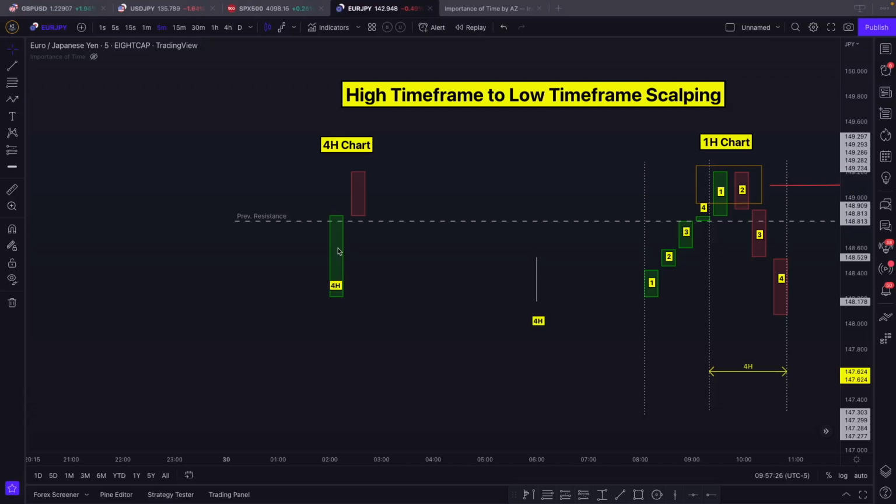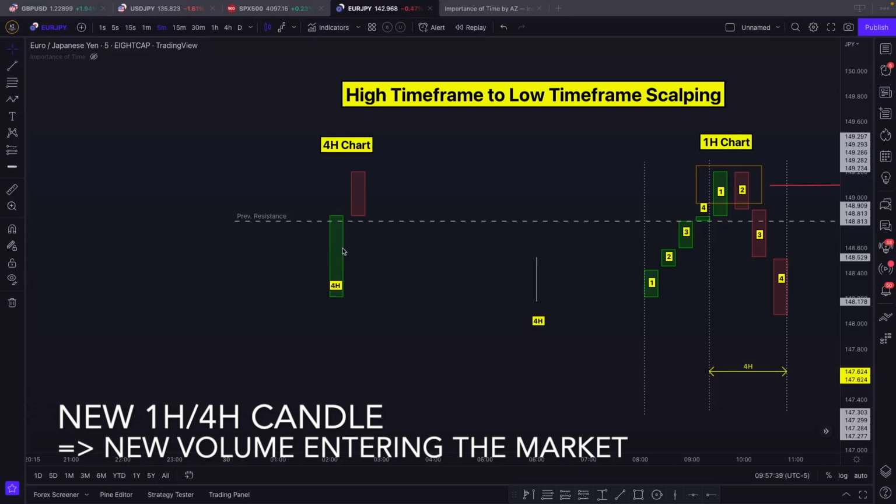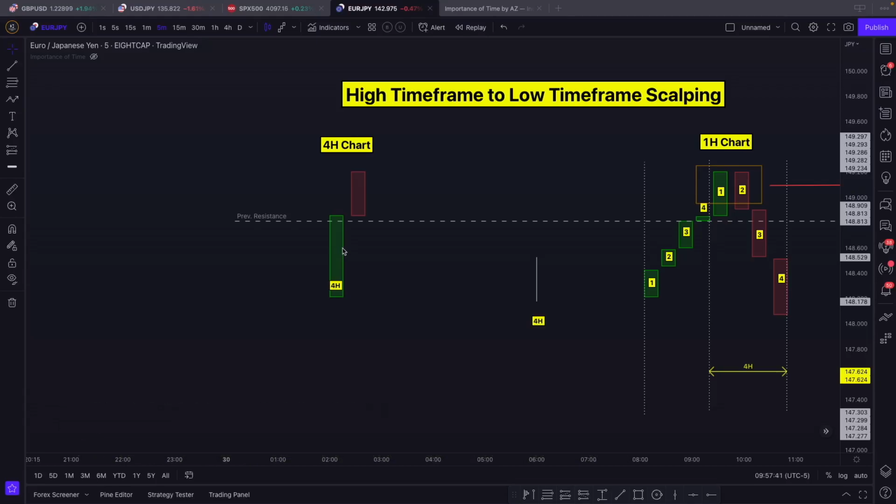Lower time frame traders enter the market more often because they get more opportunities to enter. So a 4-hour time frame trader only has around 5 or 6 candles forming, giving him an opportunity to enter into the market.